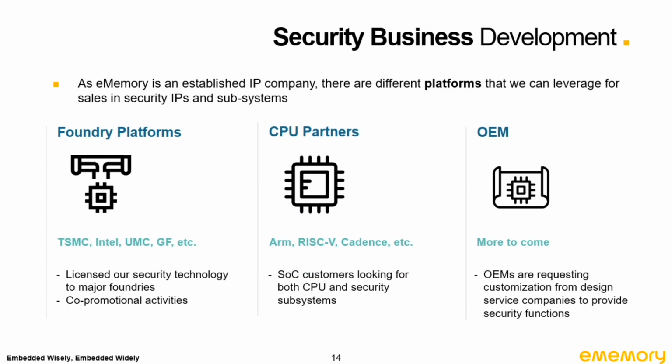So as eMemory is an established IP company, there are different platforms that we can use to leverage our sales in security IPs and the subsystems. These include foundry platforms. In the past, foundry platforms were our main champions for our OTP technologies.